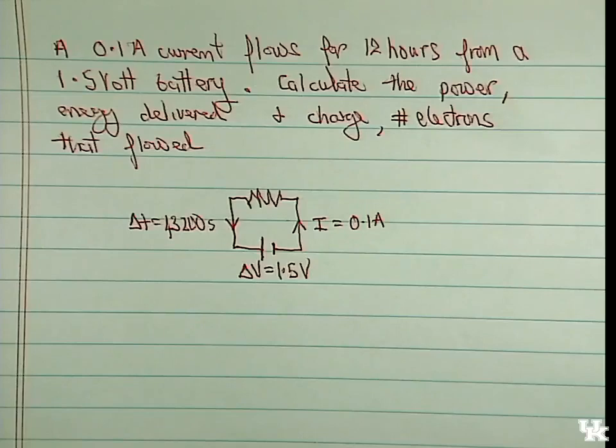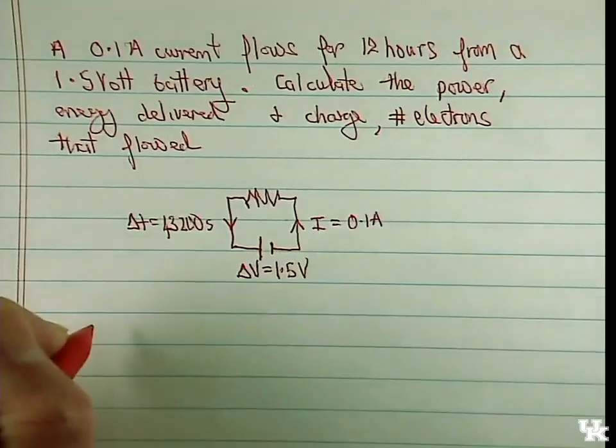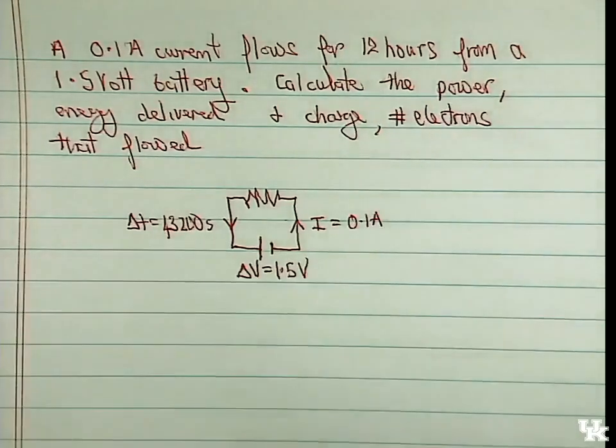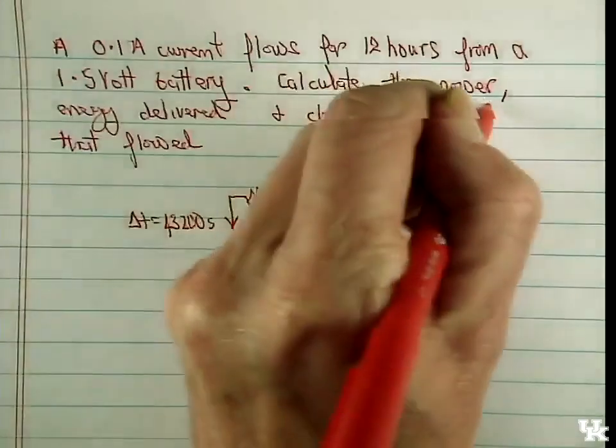And we're going to figure out the number of electrons that flowed around the circuit. By calculating these numbers, we can get a more concrete picture of what's going on in this average, everyday electrical circuit that we've all met. Okay. First question then is power.